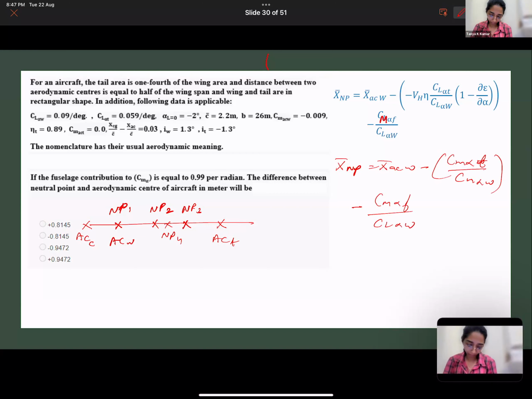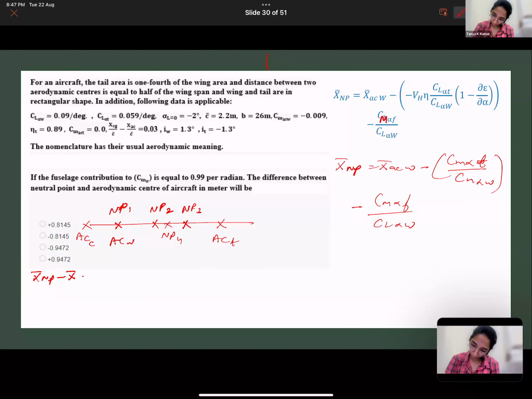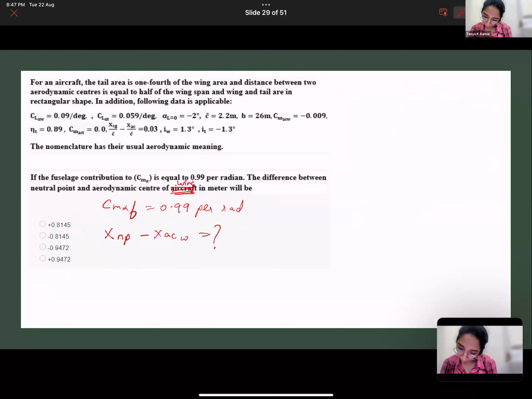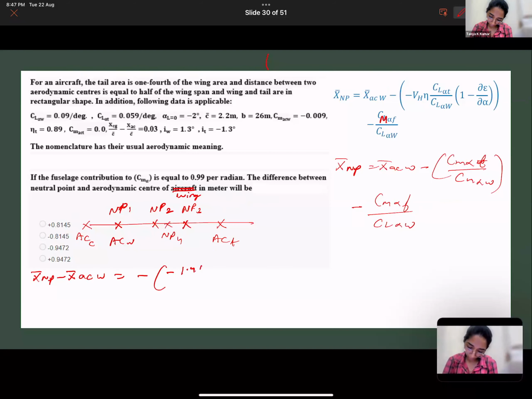Let's do it. X bar NP minus X bar AC wing is minus of minus, what is it? 1.469. Eta is 0.89.